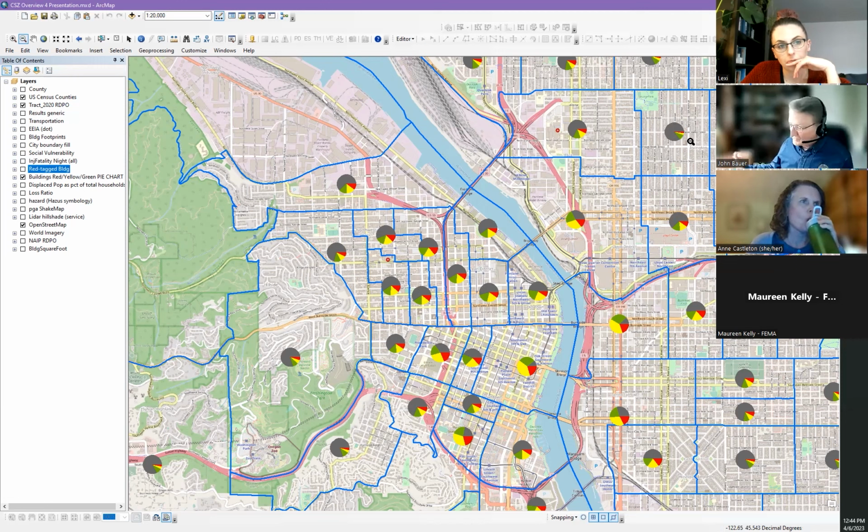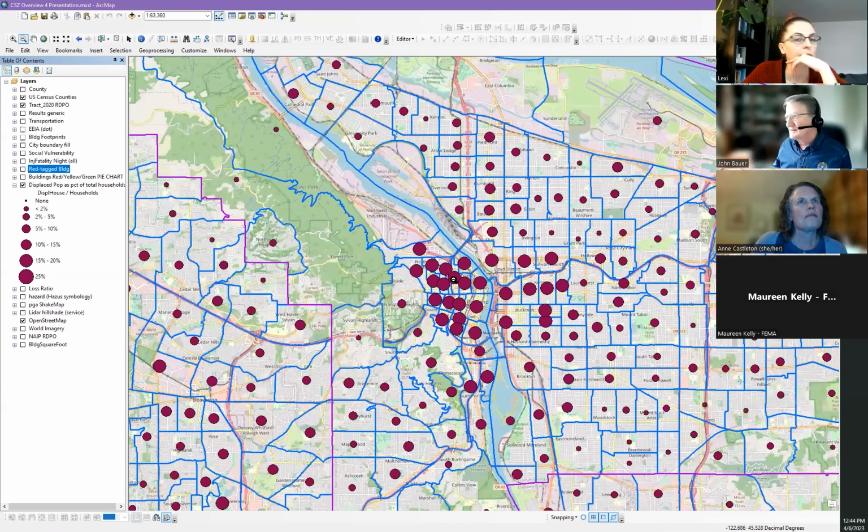For example, this block right here, only say 2% of the households will need to find other shelter, whereas downtown it's like 1 in 4. Okay, it's like 25%. Again, this is another way to represent what I consider to be fairly rich data that's coming out at this census tract level.